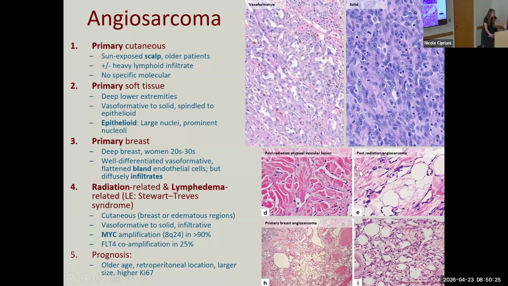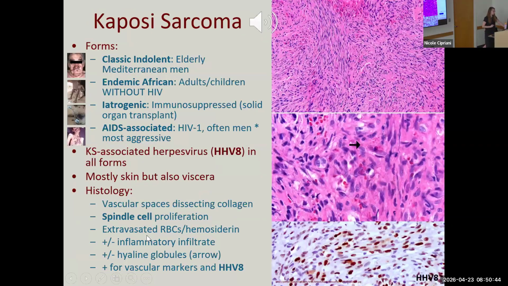Radiation-related or lymphedema-related angiosarcoma is usually in the skin of patients who've had breast cancer and is associated with MYC amplification, right? So MYC, bless you, should not be present in the non-post-radiation, non-post-lymphedema syndromes.